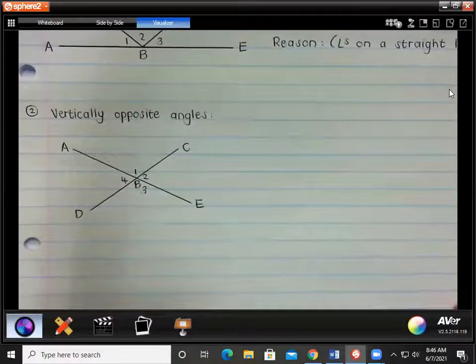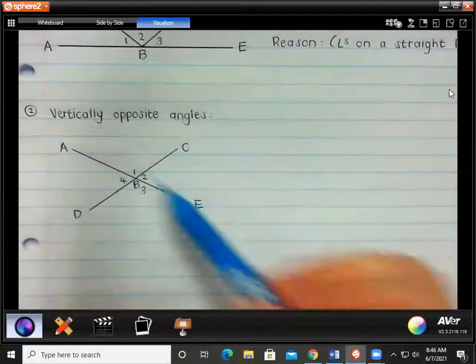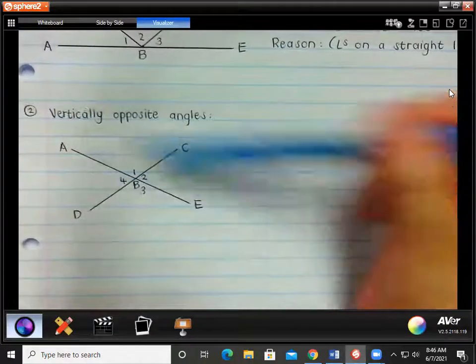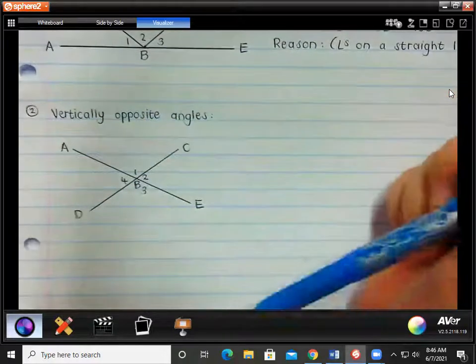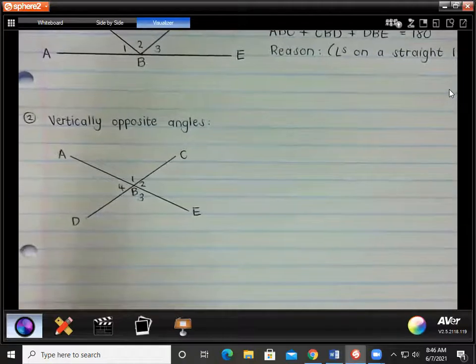Okay, now vertically opposite angles, all right, this is another rule. Now the important thing is the only way for you to use this rule is if you have two straight lines that are cutting each other, all right, that are crossing. That's why we call it, it's almost like the X rule. Okay, it has to be an X.